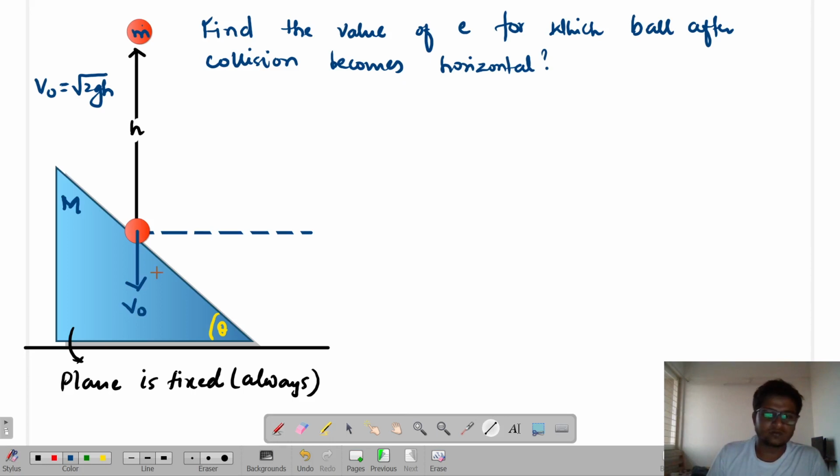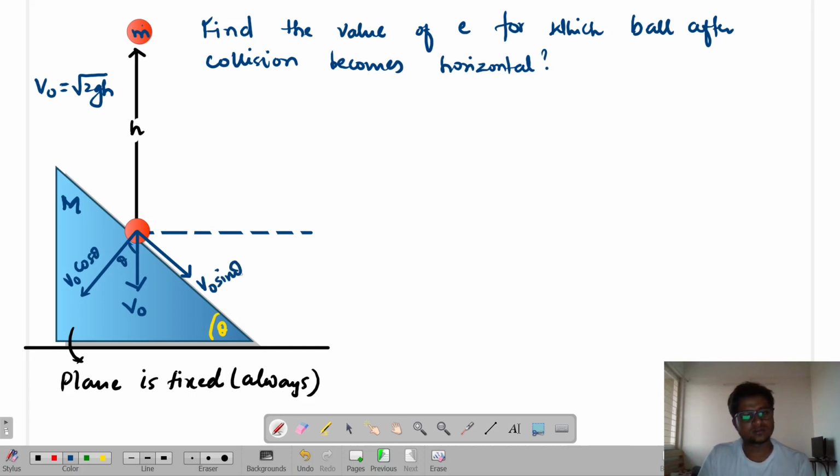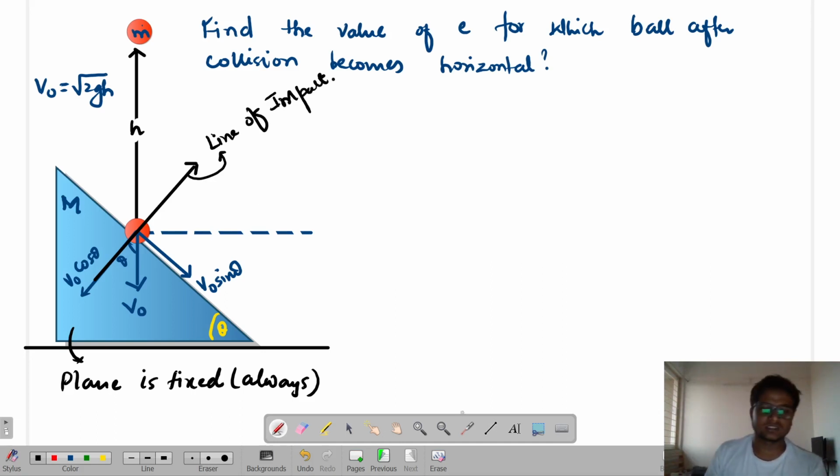Then this V0 will have two components, one perpendicular to the incline, one parallel to the incline. This angle is theta, so V0 cos theta, V0 sin theta. The line of impact is also in this direction.